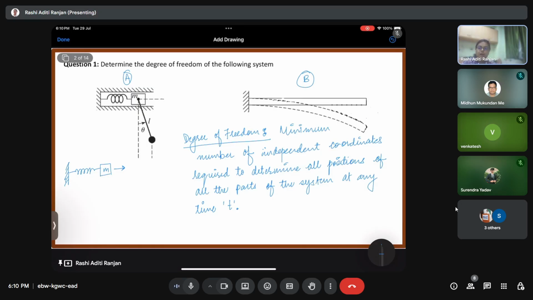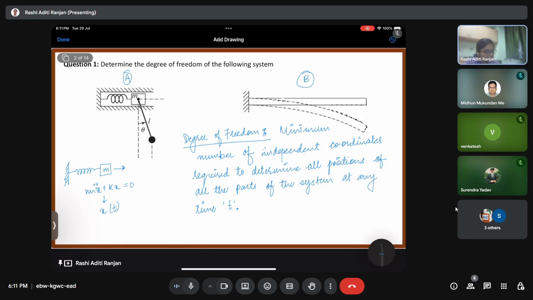So it has only 1 degree of freedom. On the basis of that 1 degree of freedom, I can find the equation of motion and then solve it. For this, the equation of motion is m x double dot plus k x equals 0. From here, I can get x as a function of time, and putting in any time t, I can find the position of m. So this is a single degree of freedom system.